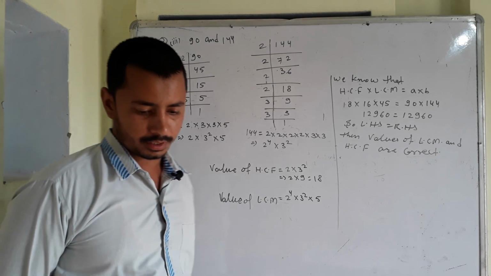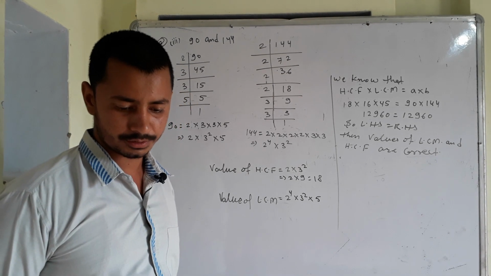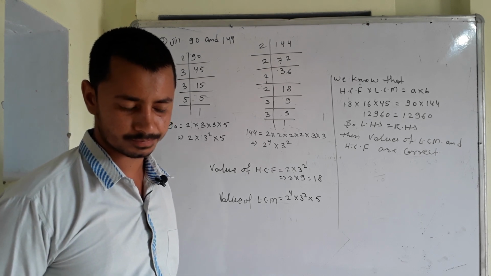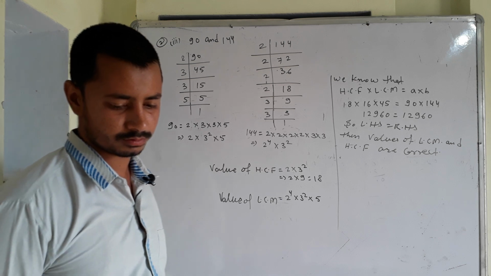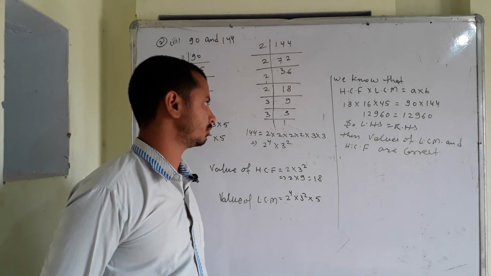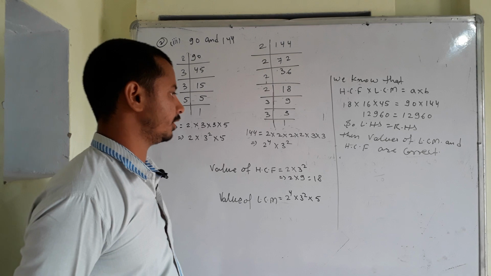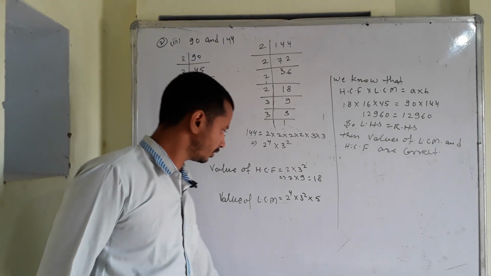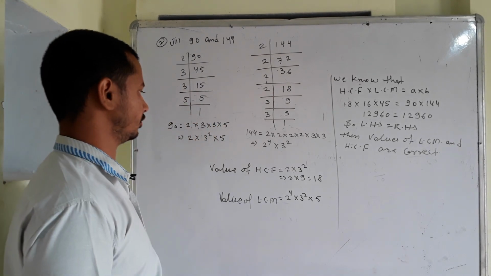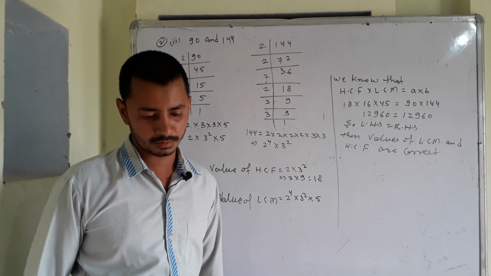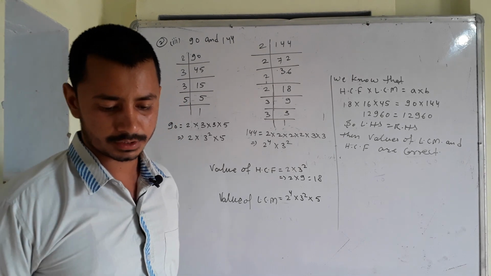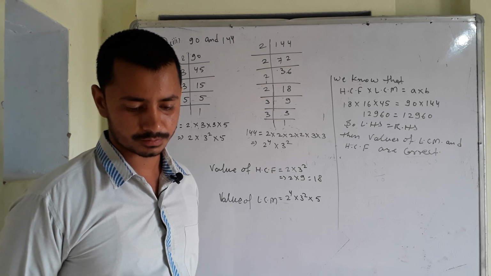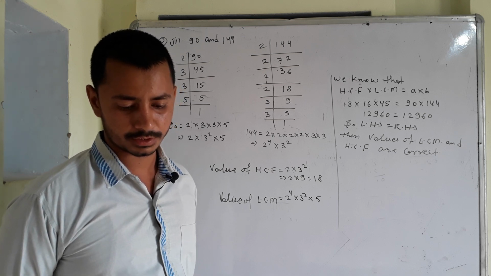Our next question is third. In question third, the same process as question number 2. A little difference between question number 2 and 3. Question number 3 is: find the HCF and LCM of the following integers by applying the prime factorization method.